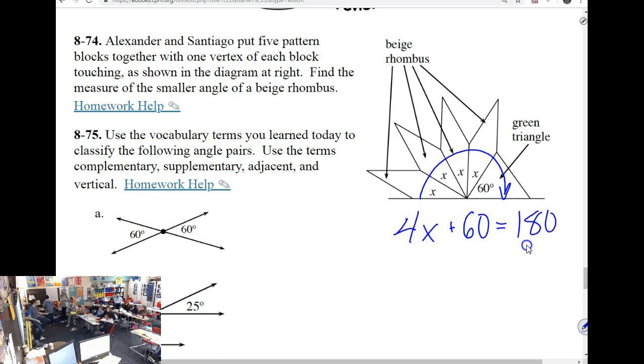So then we subtract 60 and then divide that by 4 to get x. There you go. Other questions from last night's homework or problems that you want me to do for you?